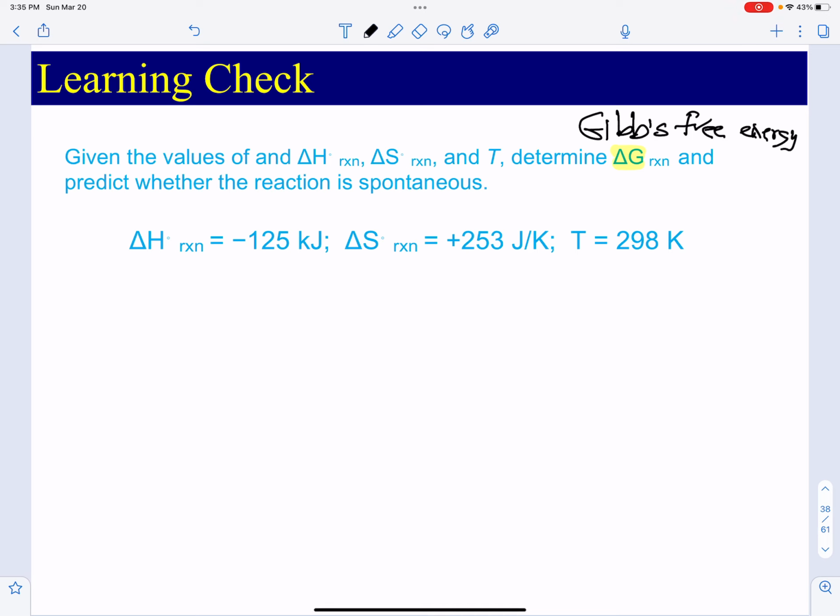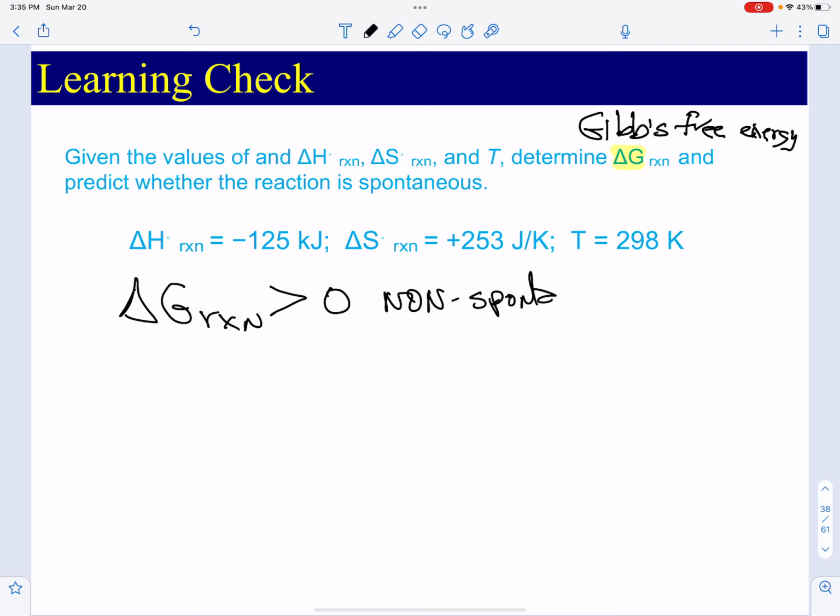And the Gibbs free energy bigger than 0, non-spontaneous forward, so from left to right.